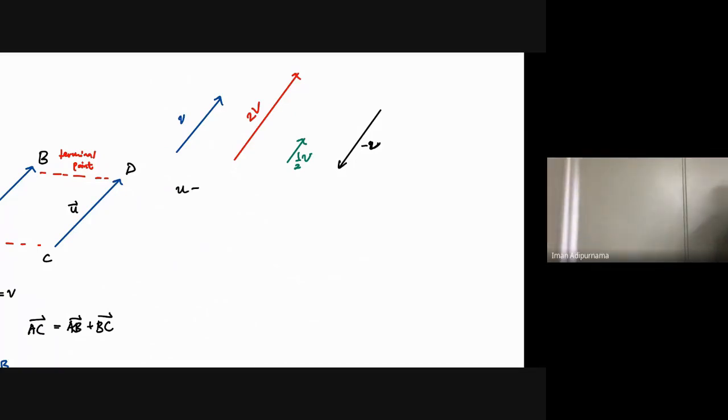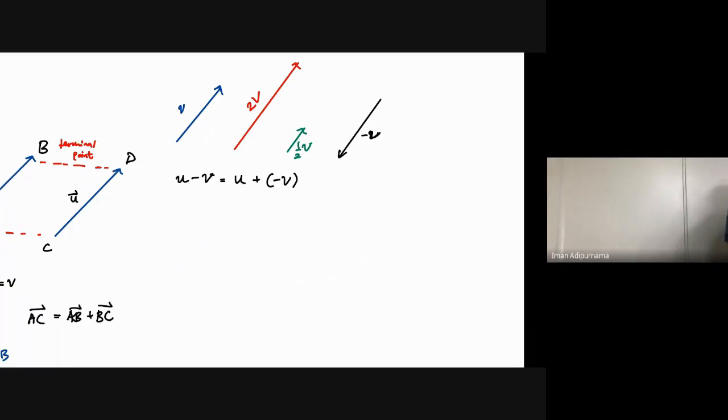So if you have u minus v, for example, this is actually u plus minus v in terms of vector addition. Let's say we are drawing the vectors like this.